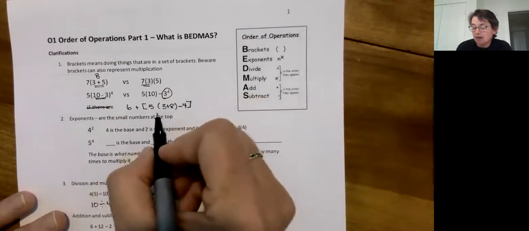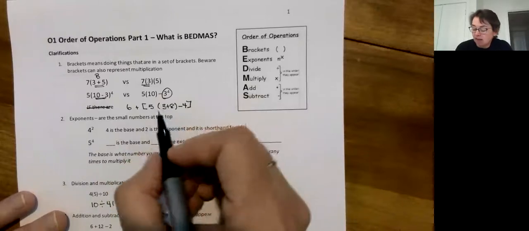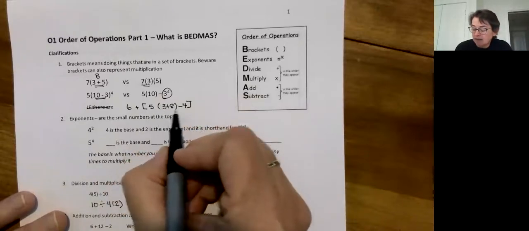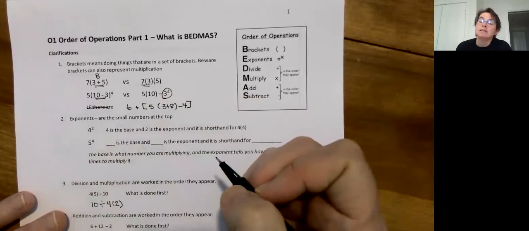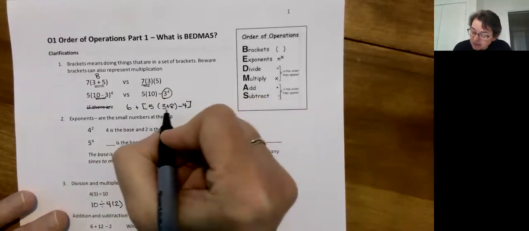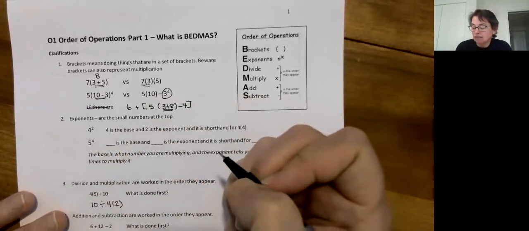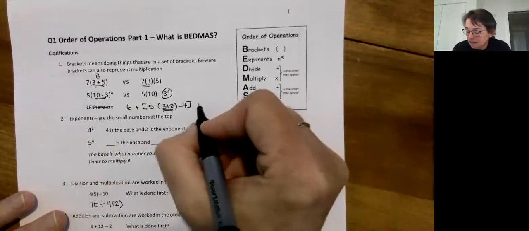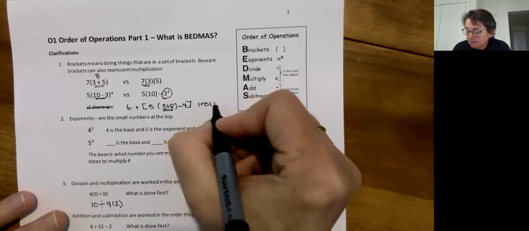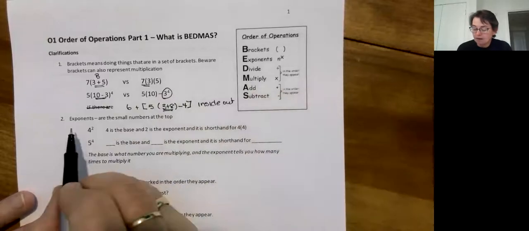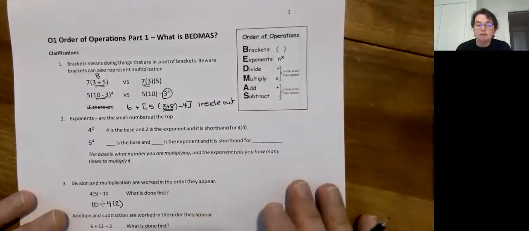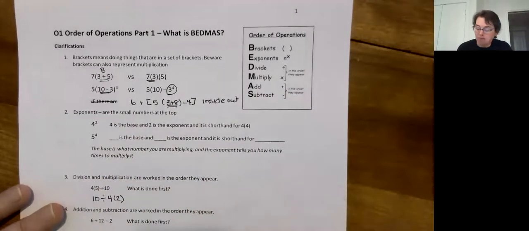So you can stack brackets, and a lot of times when they do that, you'll use square brackets and then round brackets. You always work from the inside out. There'll be some examples later on that look like this, but I just want to say this is the one that you would do first. So you work inside out when you do those.